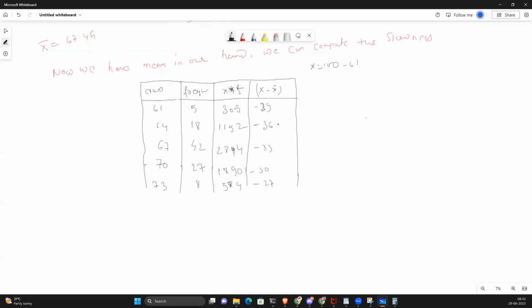Now what we are trying to do with this, we are going to multiply by frequency. We will multiply x minus x bar with the frequencies. Now do it. You have a frequency of 5 and multiply these things.